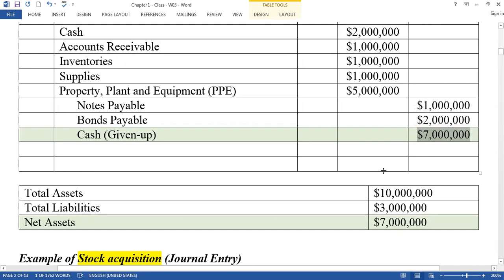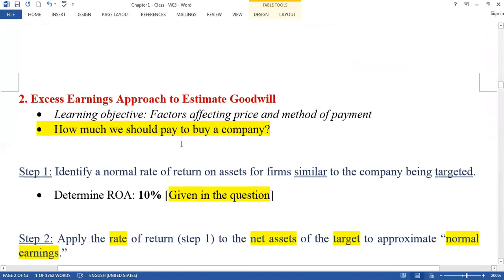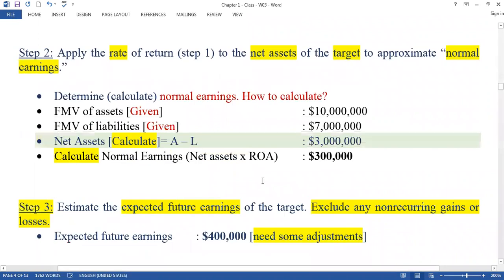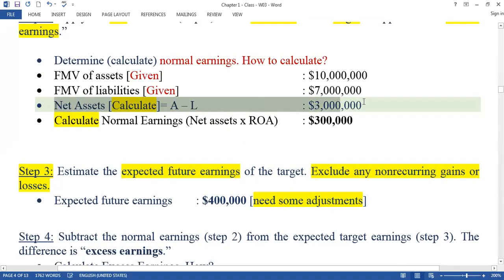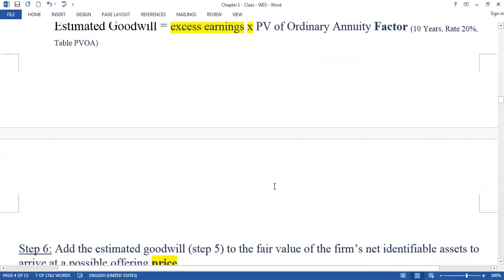So we are going to determine the price: net asset plus goodwill.